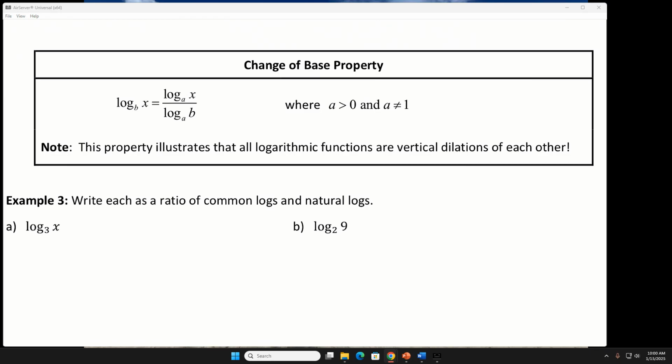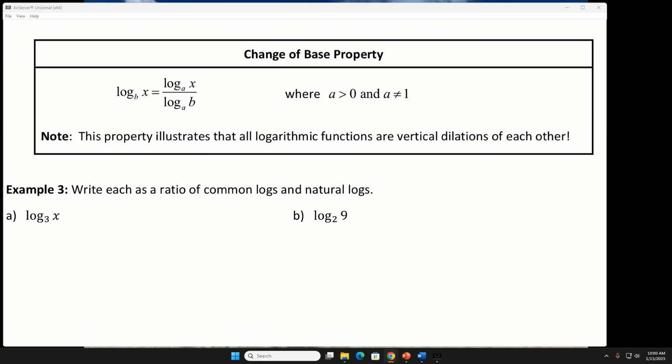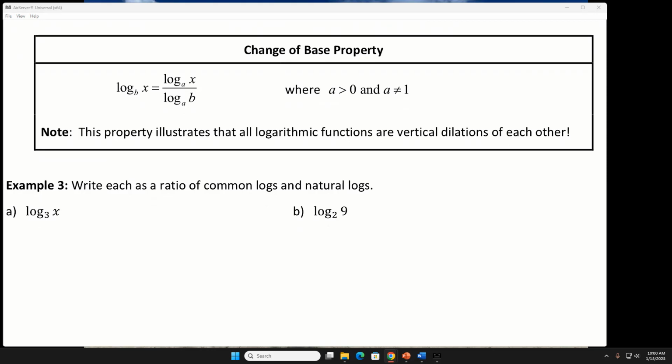So the only options we had on the calculator were natural log and common log. And so if we wanted to find log base 2 of 10 or whatever, we would have to use this property, and we could type it in the calculator and find it. And then the calculator's updated, and I kind of quit teaching this property. And then I saw it on the ACT, so I started teaching it again. And it's probably going to be on the AP exam also.